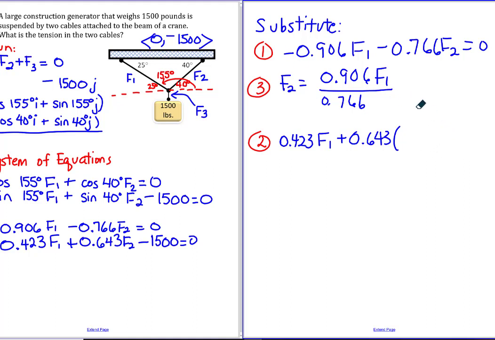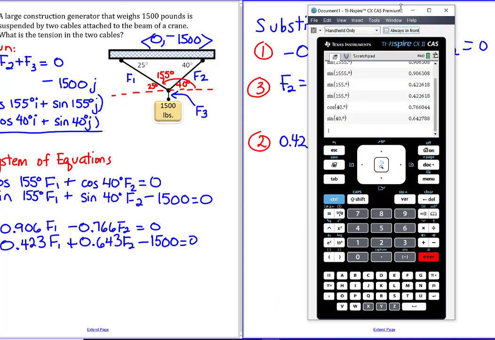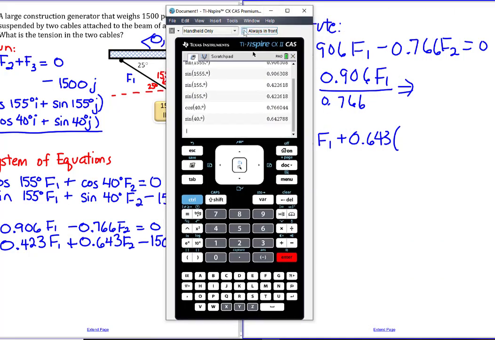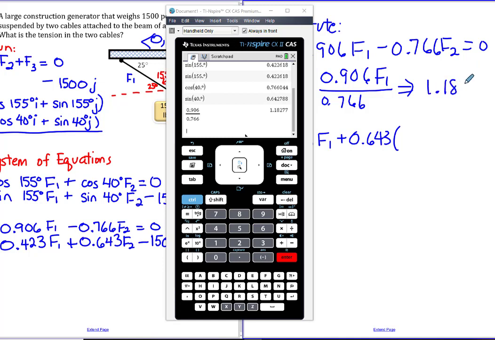Let's take our calculator and figure out this number. 0.906 divided by 0.766. That's 1.183 times F1. So this is a good substitute right here. You with me so far?